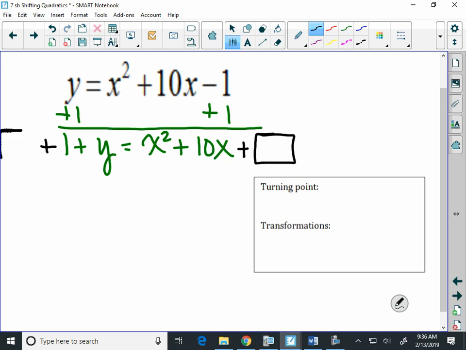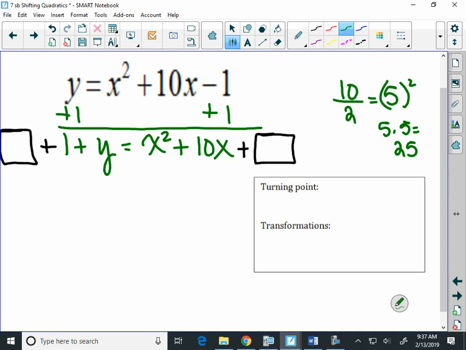We need to add whatever we added on the right side over here to the left side. To figure out what goes in that box, we take 10 divided by 2, which is 5, squared. 5 squared means 5 times 5, which equals 25. That's what goes in the box.